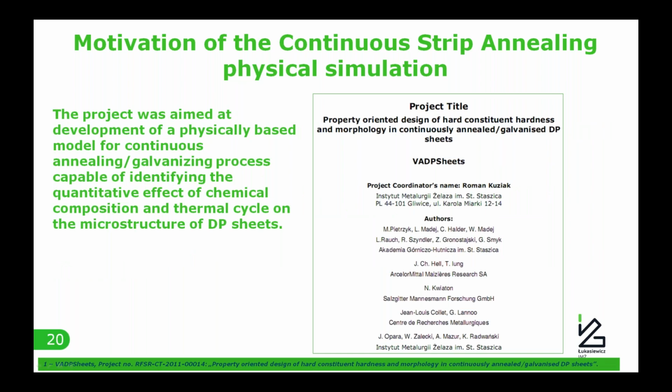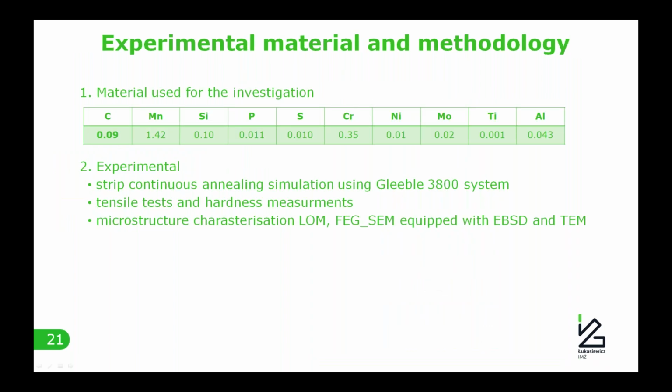The project was aimed at the development of a physically based model for the continuous annealing galvanizing process, capable of identifying the quantitative effect of chemical composition and thermal cycle on the microstructure of DP sheets. The research material was a cold rolled sheet of DP steel.